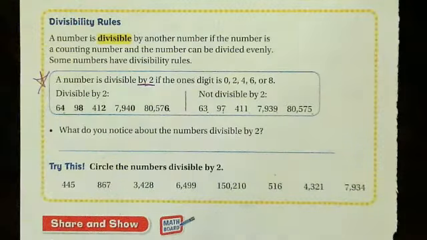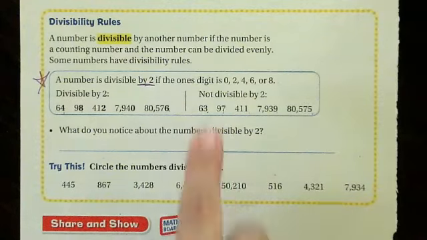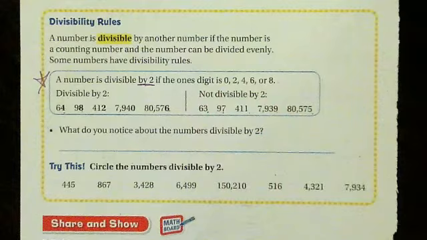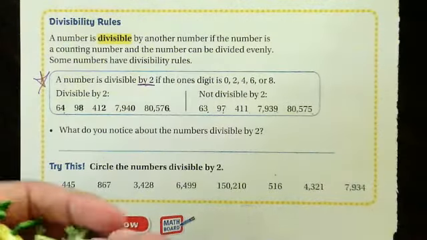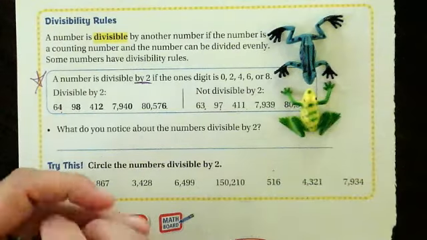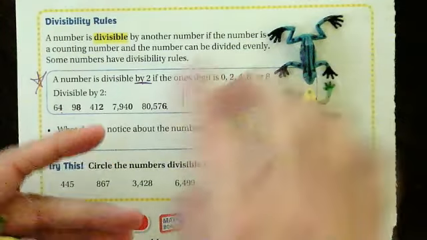Okay? So how do I know if a number is divisible by 2? Well, we just said the number ends in 0, 2, 4, 6, or 8. It ends in an even number. How could you show that a number is divisible by 2 by using a model? Well, just like I've been using my frogs, my buddies here, if it's divisible by 2, that means I can group it into pairs.